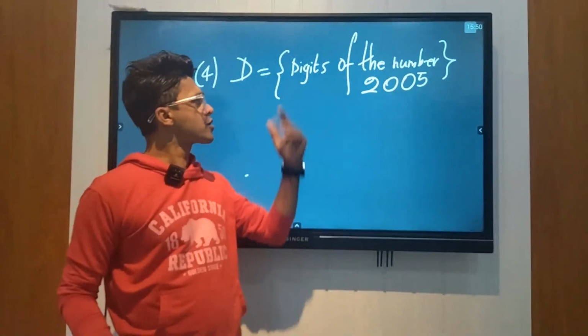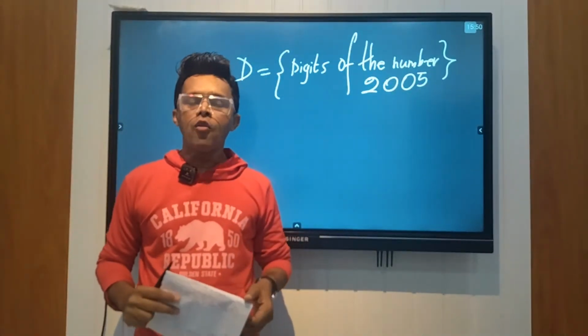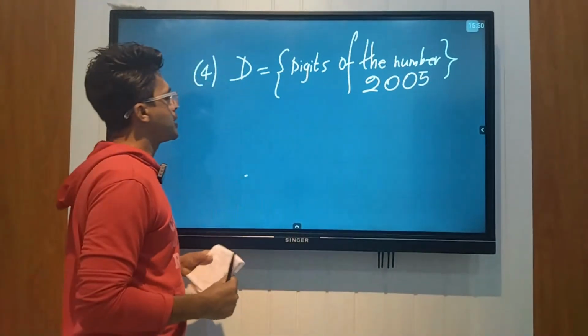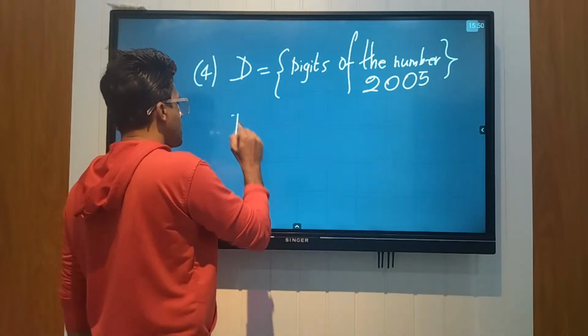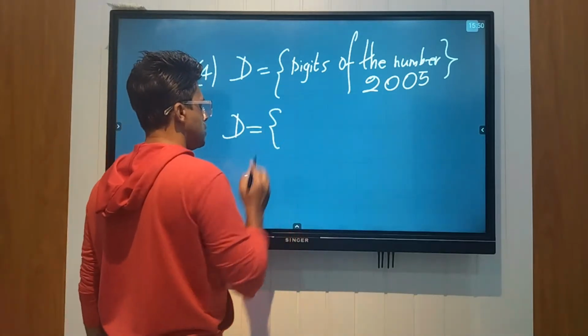How do you write digits of the number 2005? How do we get the elements of the set of digits of this number here?